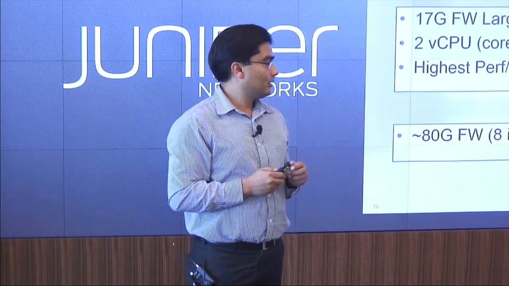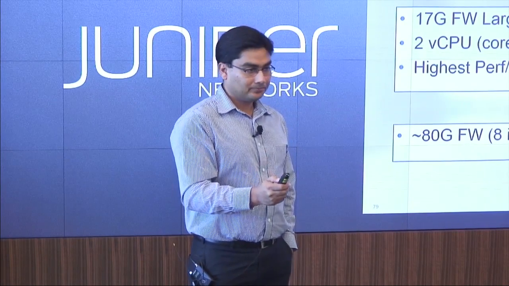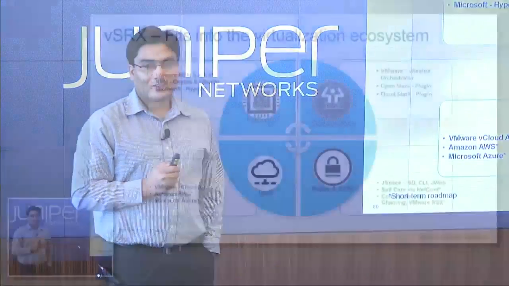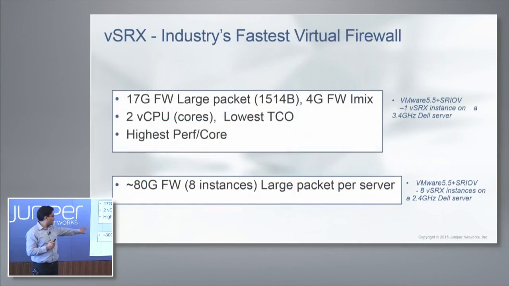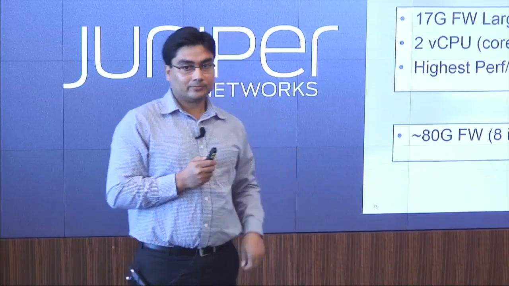This was based on a Dell 2.4 gigahertz server running 8 instances. If you use a better server, you'll probably get higher performance. On a 2.4 gigahertz server, we get about 10 gigs of large packet per instance. Obviously not all running on the same host? No, this is all running on the same host, on a single server. Okay.